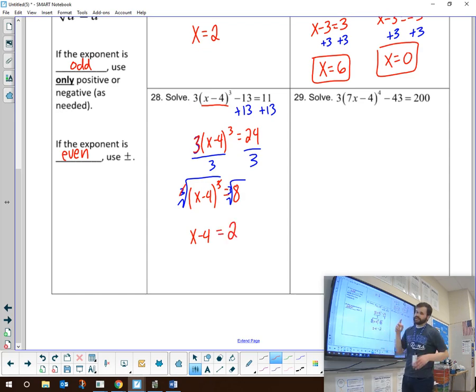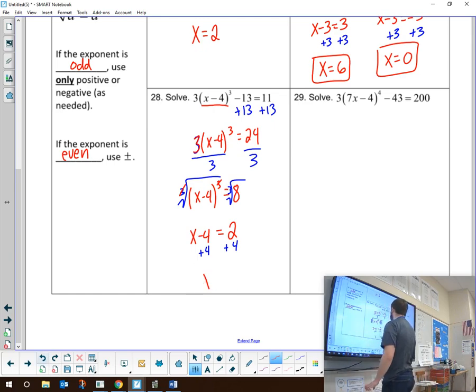All right, now since it's a cube, we're not going to do plus or minus since it's odd. So now we just have one answer. To get to that answer, all I have to do is add 4 to both sides, and we get x equals 6.